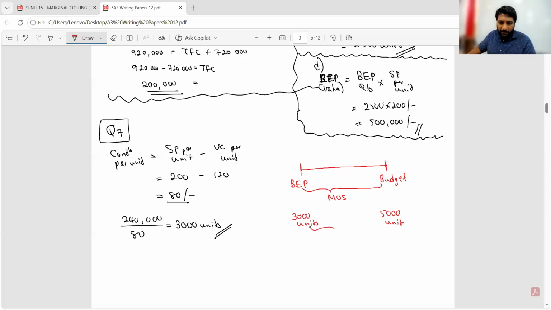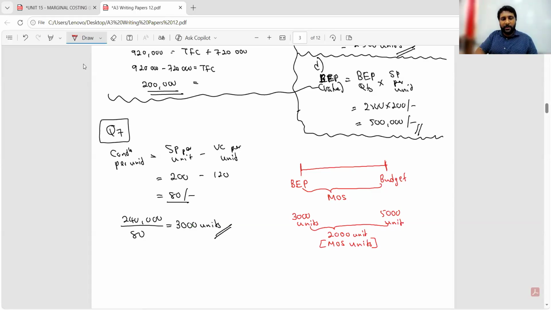Then what's the gap? 2,000 units. So this one we'll call margin of safety units, or the quantity. Get that idea. Don't memorize the formulas, get the idea.